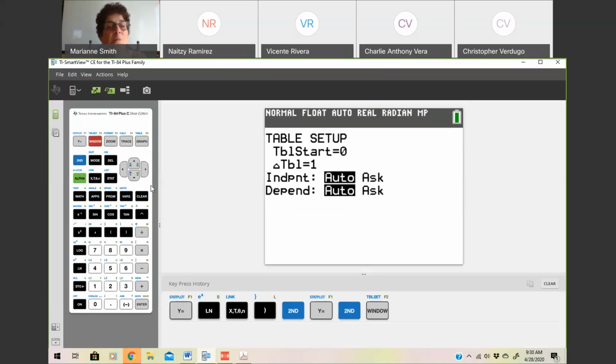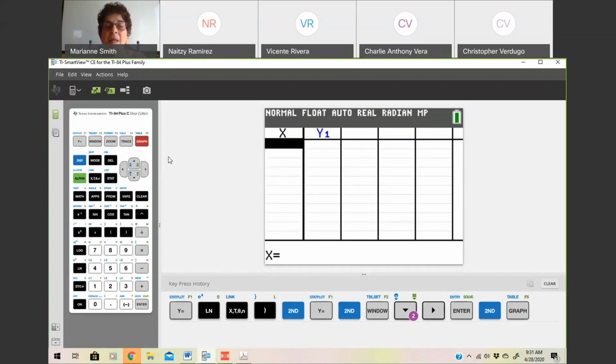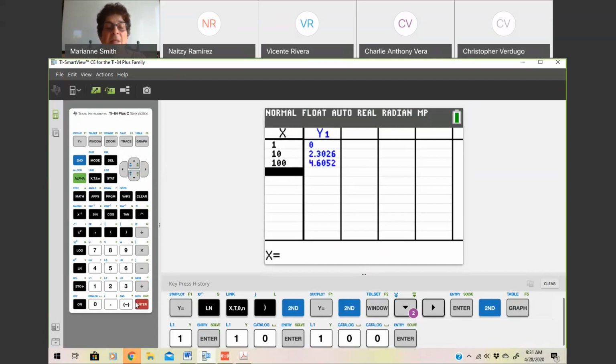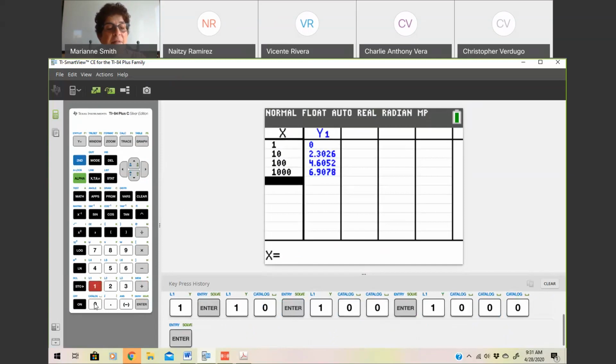I want to set that so I can type in my x values, so I'm saying independent ask, and then going over to table. Again, remember, y1 is ln of x. So let's put in a 1, a 10, 100, 1,000, 10,000.